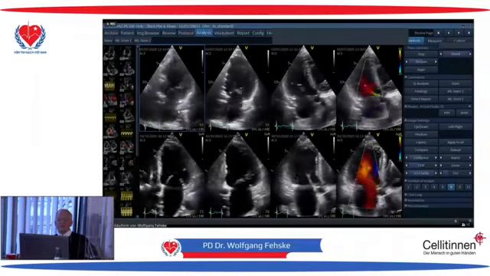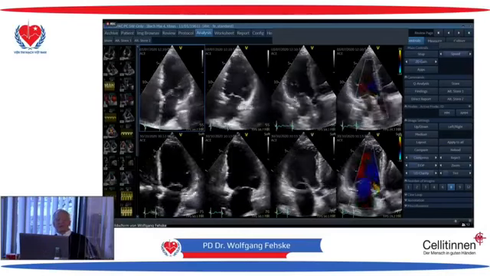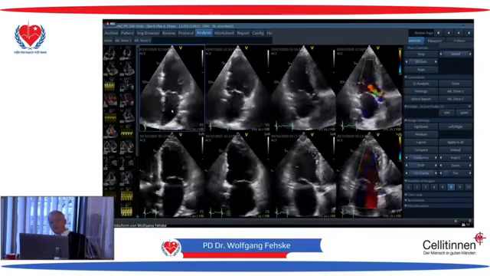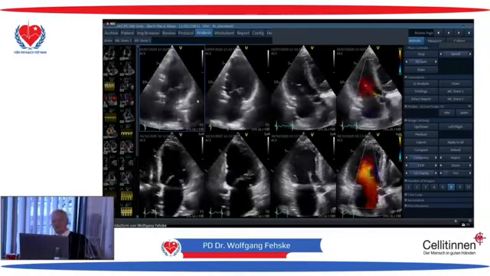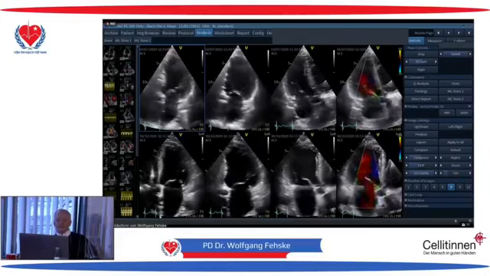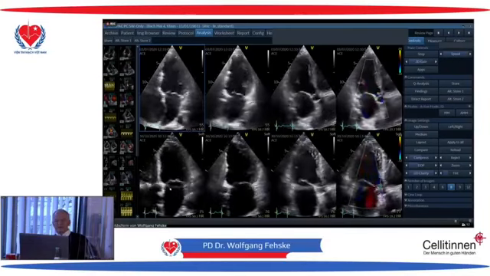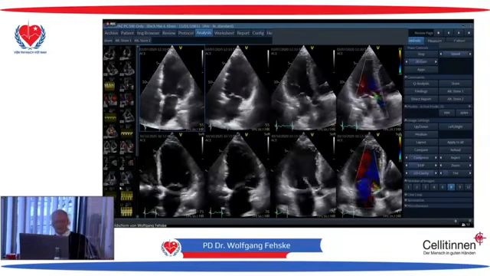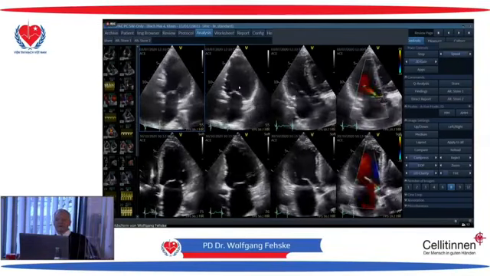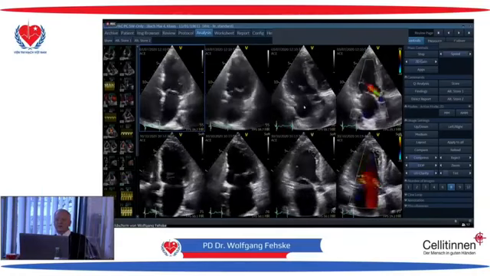You see that in former times, the interatrial septum was pushed to the left atrium. This has changed now. You see, this is in the middle here, and this is more or less to the right side now. And you see the left ventricle is the same.